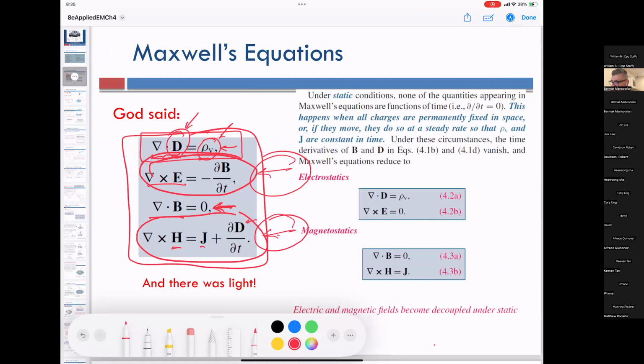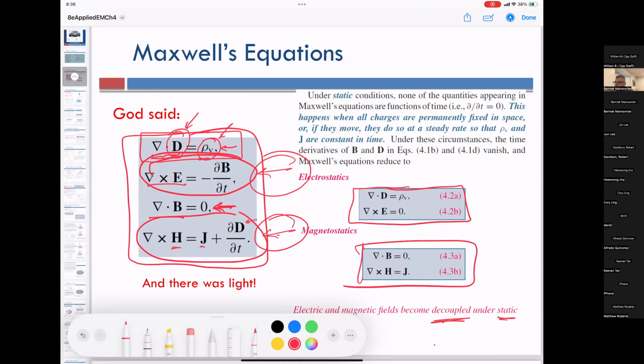And as soon as we say the derivative with respect to time is zero, the electric field is the electric field and the magnetic field is the magnetic field, and they're totally decoupled under static conditions, when nothing changes with time.